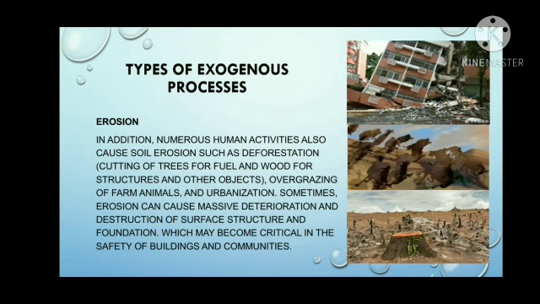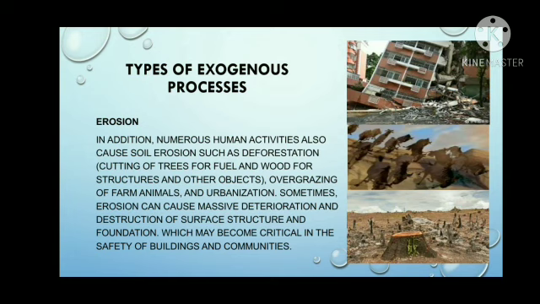In addition, numerous human activities also cause soil erosion, such as deforestation, which simply means cutting of trees for fuel and wood for structures and other objects. We also have overgrazing of farm animals and urbanization.